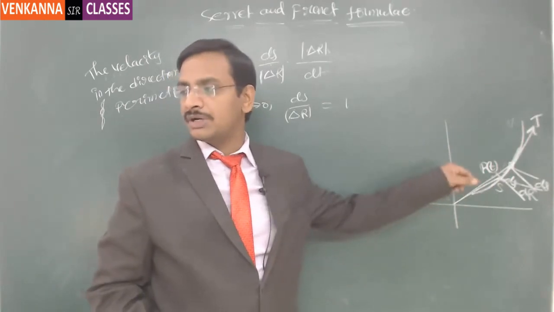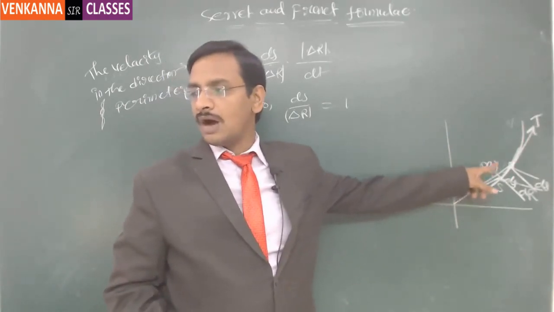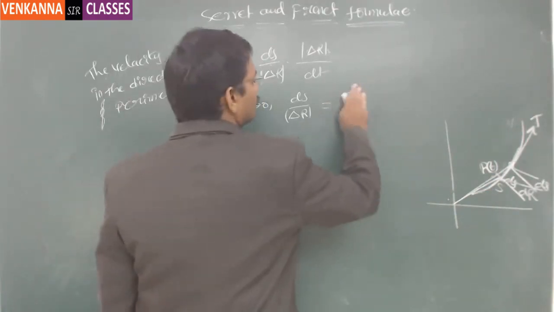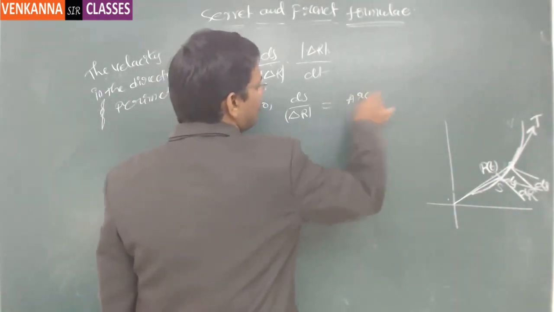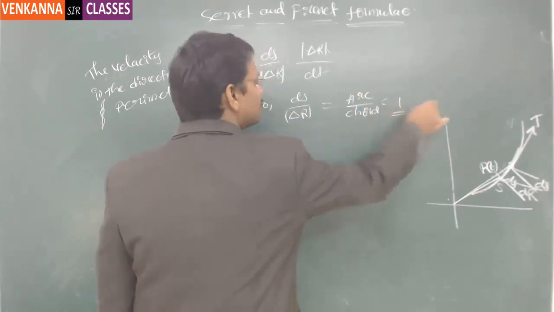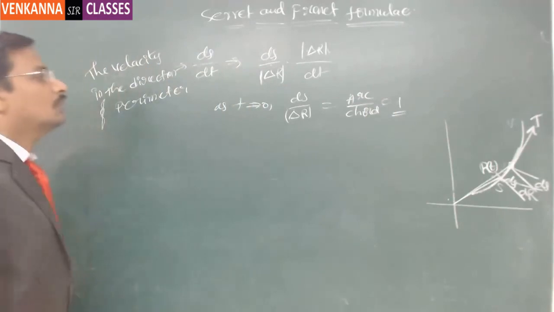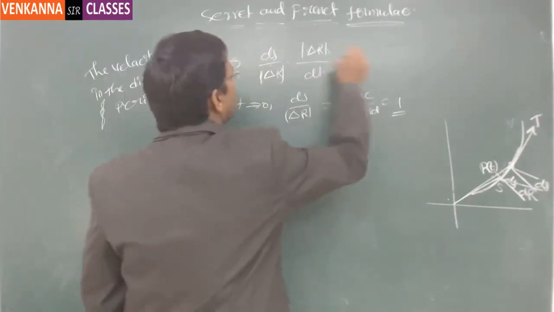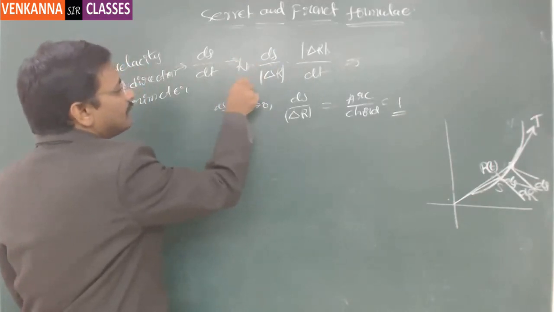That means the change is treated as almost 0. Then the ratio of the arc to the chord is 1, since these two are equal. So this part ds by dr comes out to be 1 as delta t tends to 0.